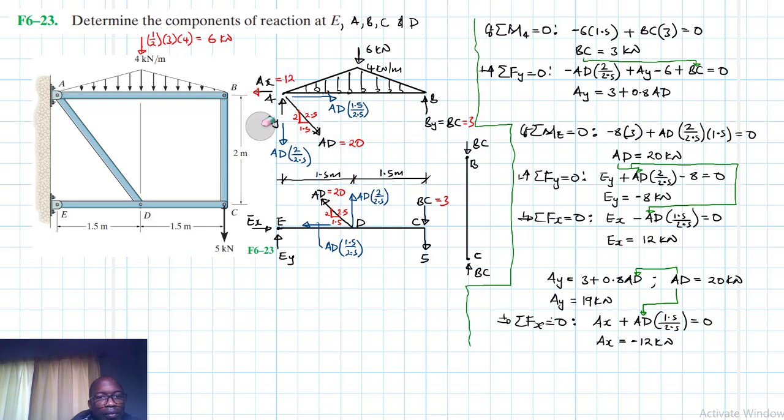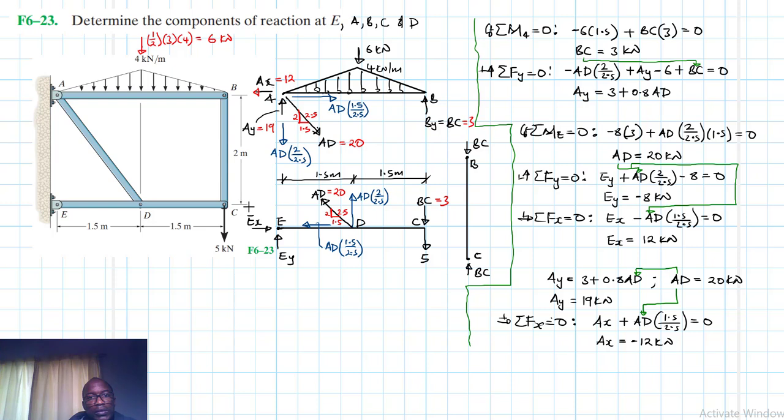AY is here, and let's look at the direction. The direction for AY maintains and is equal to 19.